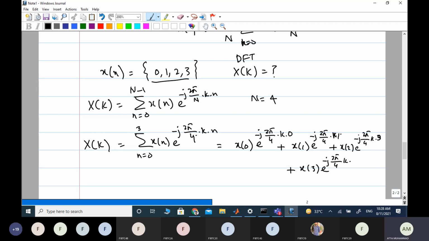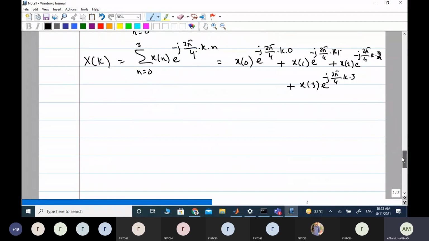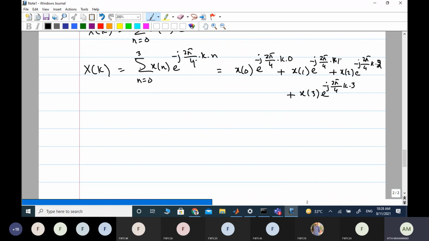Sorry, I mistakenly wrote 3 earlier; it's 2 and here it's 3. Our summation has to be from 0 to 3, so we have 0, 1, 2, 3. Looks good. Now we get X of k equal to x of 0 e to the power.